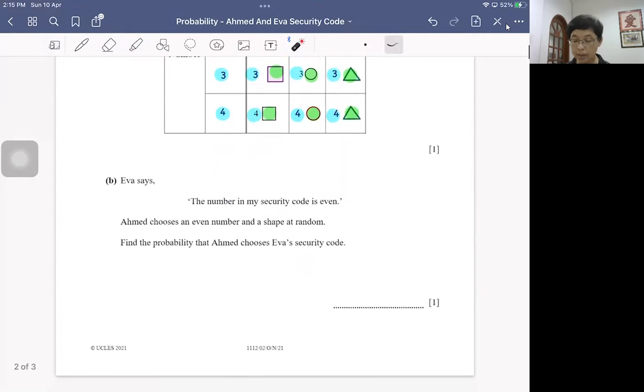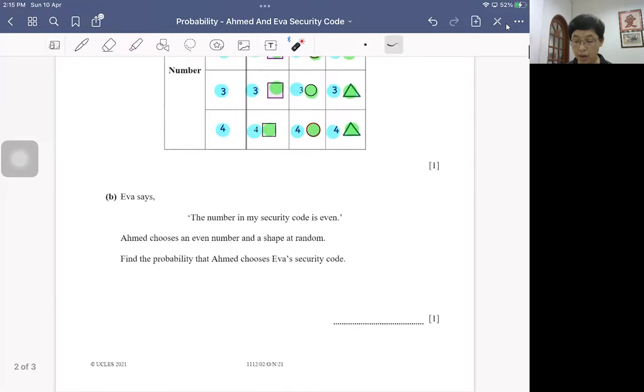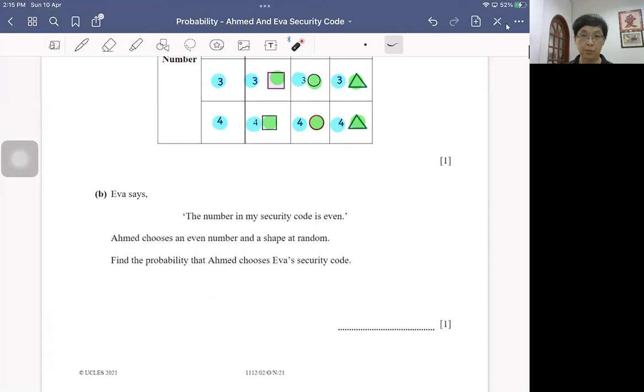Now, this is the part we may want to explore further. Let's read that carefully, and we're going to read for the clue of where we're going to take that from. Let's read that through once first. Eva says the number in my security code is even.